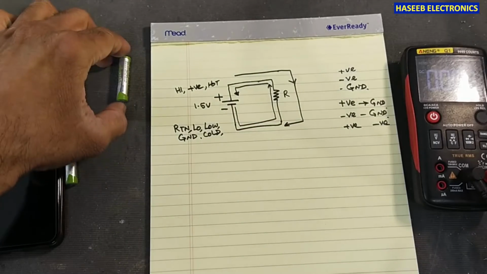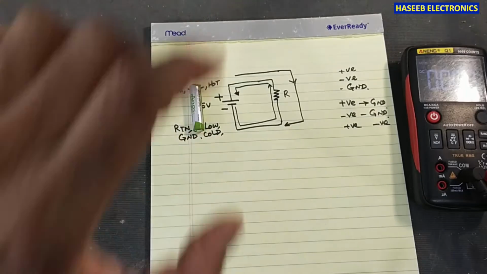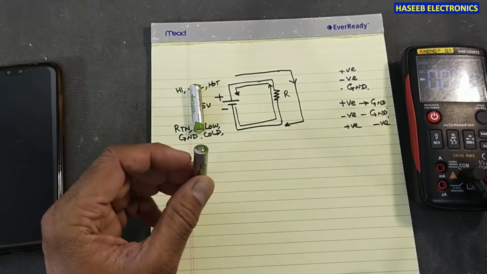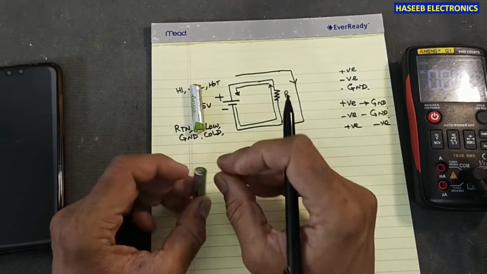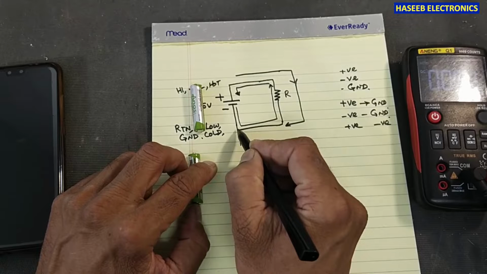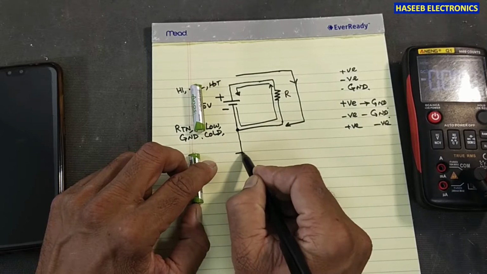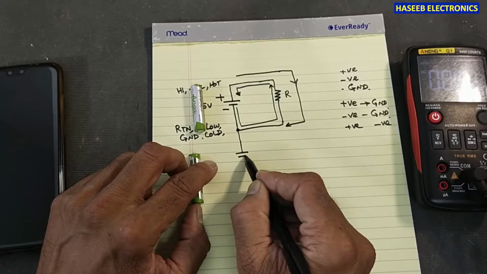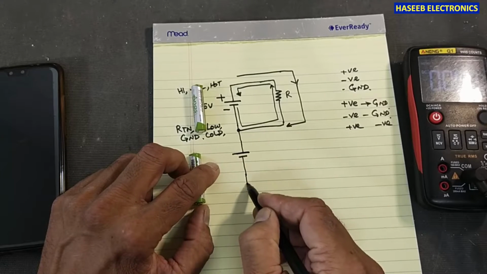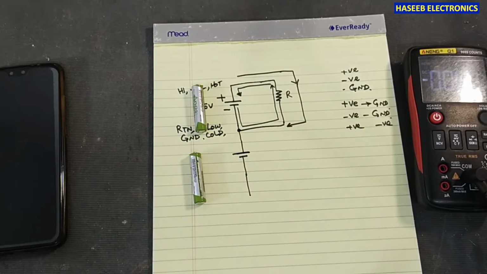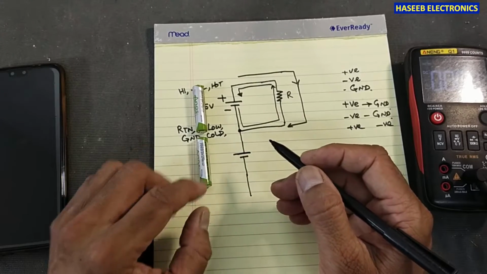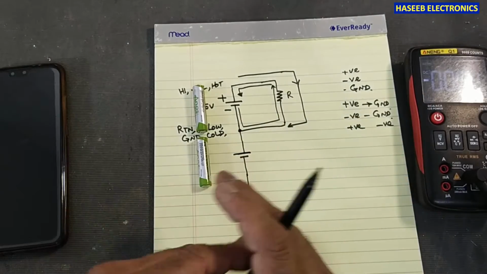Now this is the condition when we connected one battery. If we use another battery in the same direction, this return line is connected here, positive, negative. In this way, what will happen? Now we are connecting two sources in series.